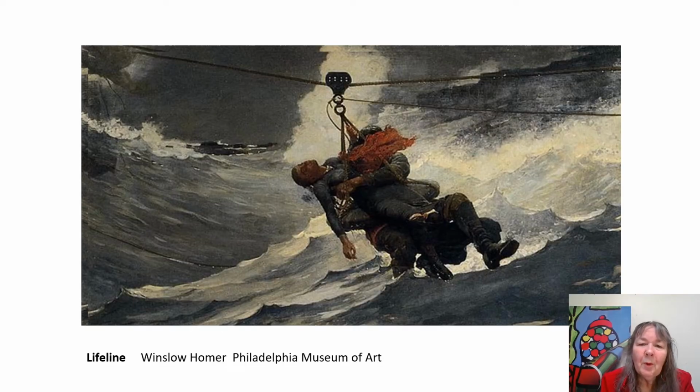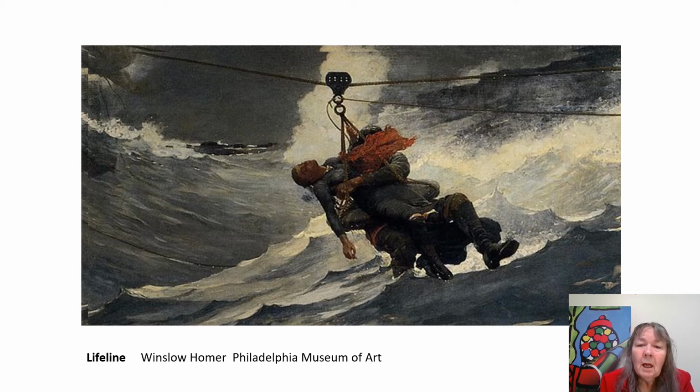Here is a good example of what happens when you juxtapose a warm and a cool color. Our eyes are drawn immediately to the red scarf, and it's covering the face of this rescuer. The painter of Lifeline, the title of the painting, was a Civil War artist.